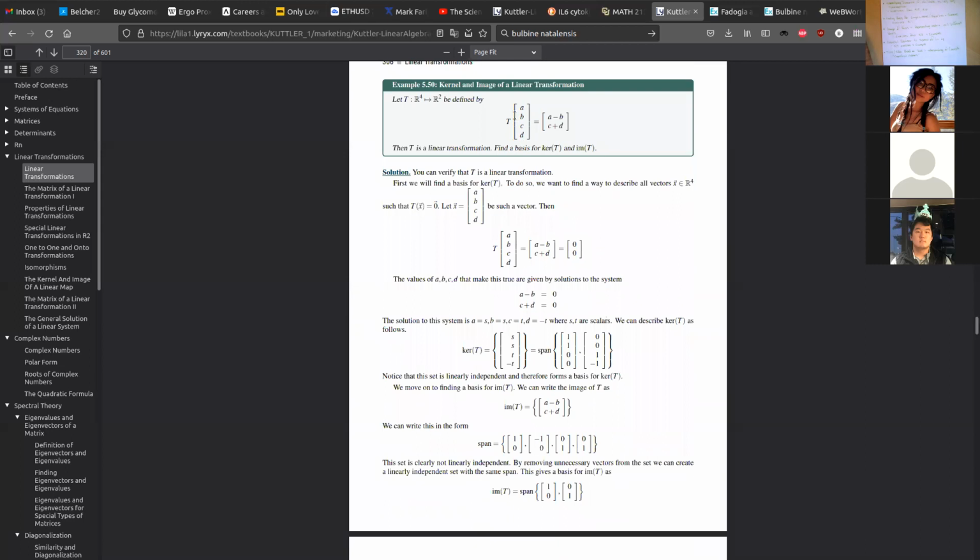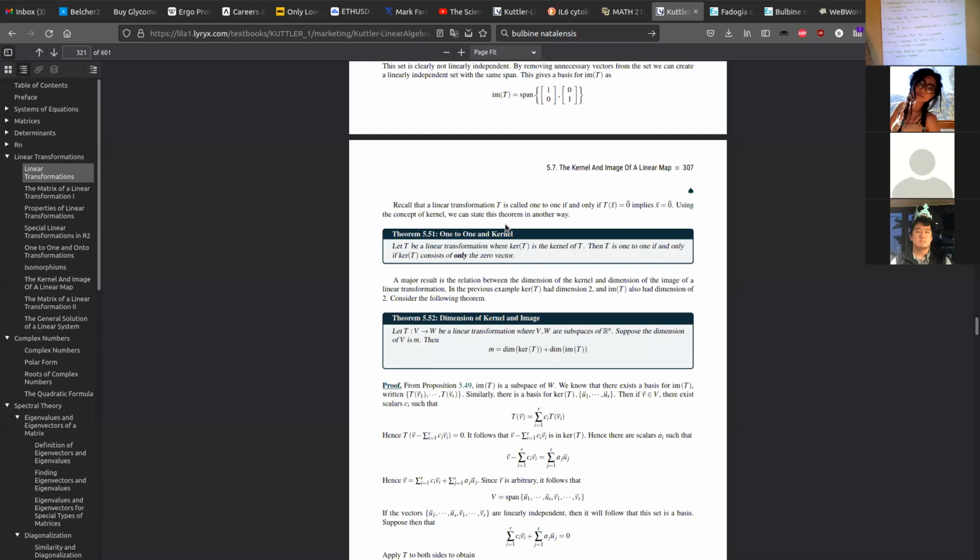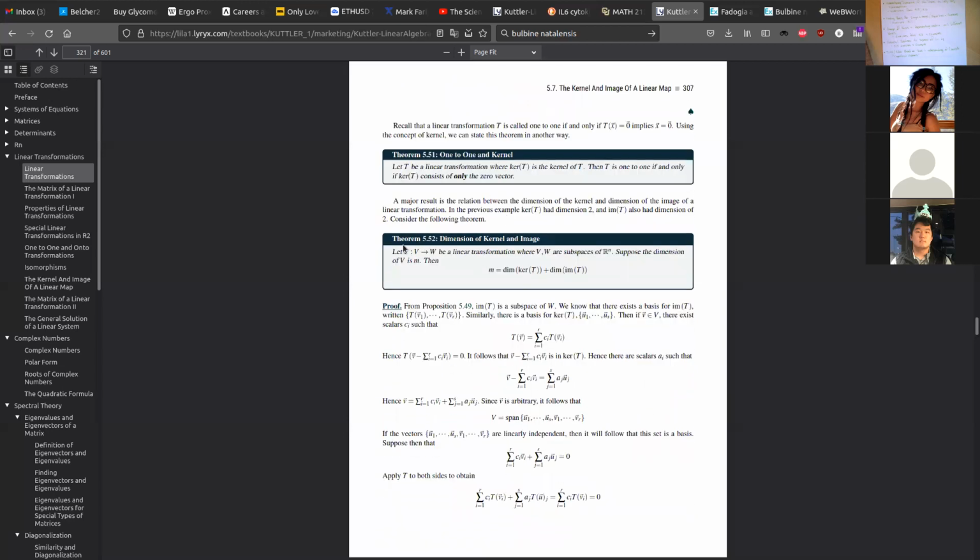So we've seen a few examples where we're just given an explicit computation for a linear transformation. Understand how to compute the kernel, understand how to compute the image. And then, of course, our big theorem from this section was the dimensionality, that the dimension of the kernel plus the dimension of the image has to be the dimension of our domain, right?